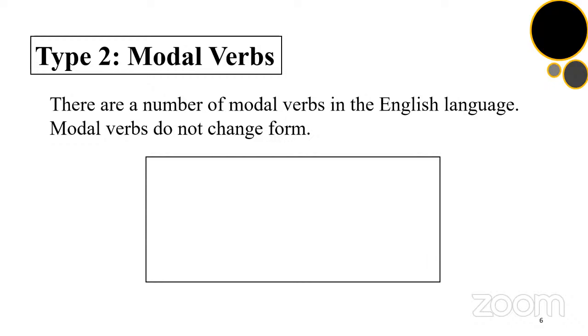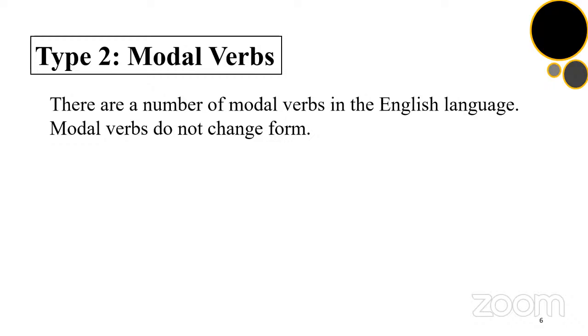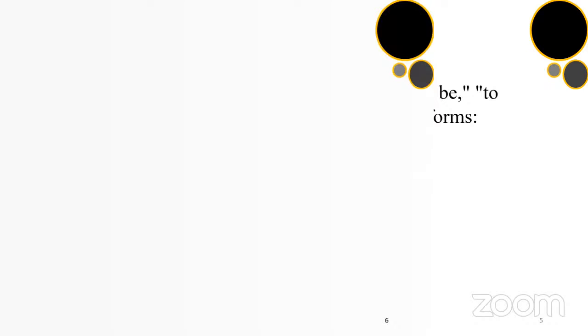Fine. Have to. How will have to come? Have is an auxiliary verb, right? Just now we have seen, no? Have.